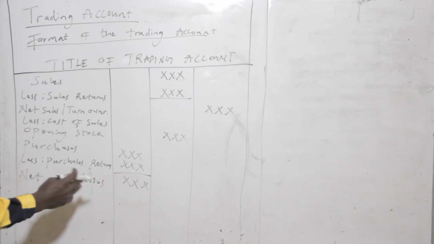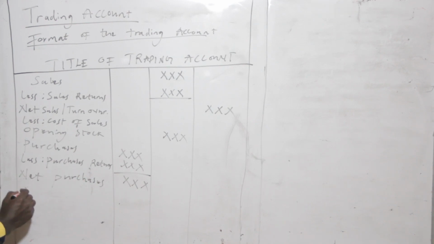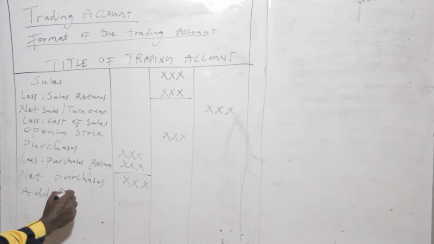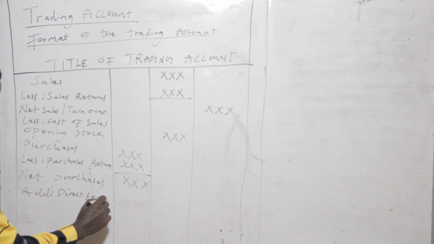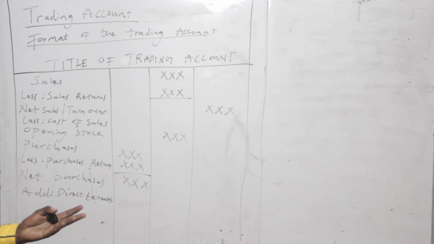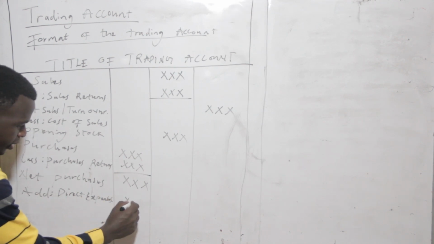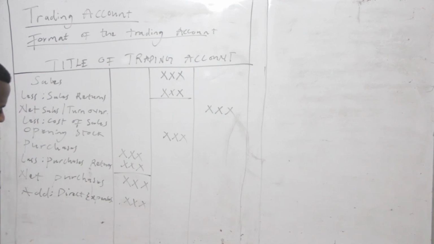Then, following the net purchases, we can say add direct expenses. The direct expenses that can be incurred by the business include carriage inwards and wages. So we are going to add direct expenses.